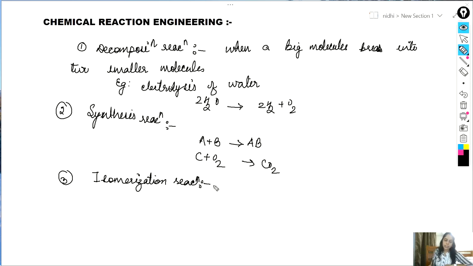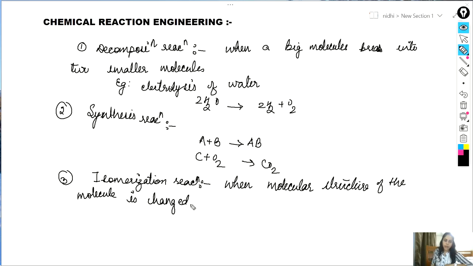When the molecular structure of the molecule is changed without being combined or decomposed, right?